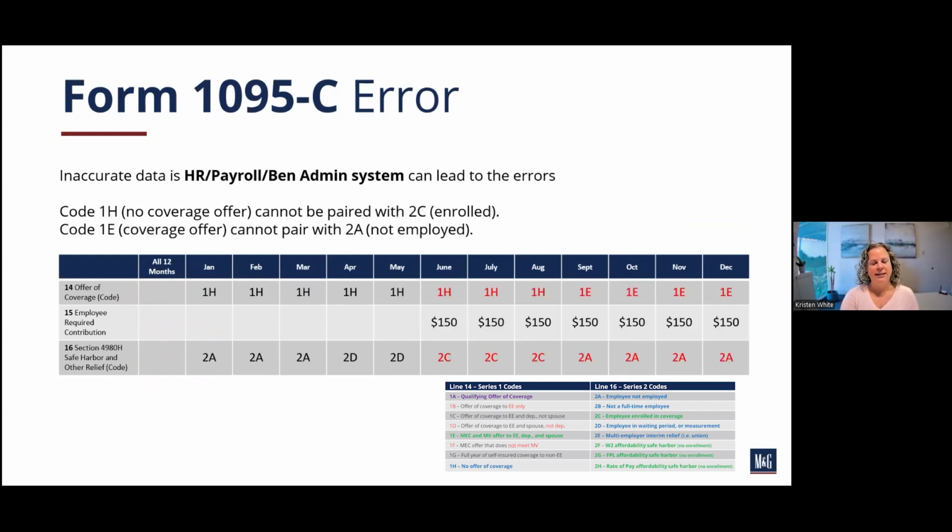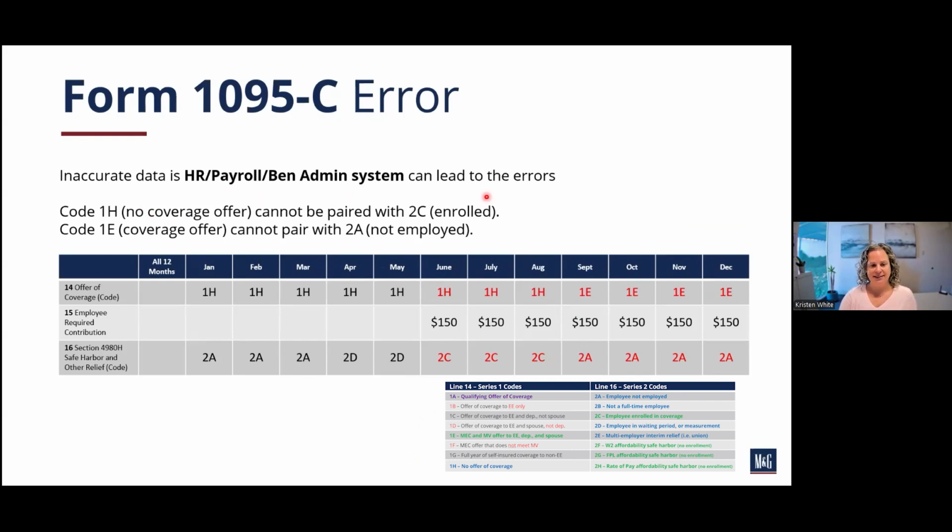All right. This is the most common reason for an issue: something's wrong with your data before coming here. Something's missing in your HR, payroll, and admin system, whatever you use. So like here, this is saying 1H, they did not offer coverage, and it's paired with being enrolled.